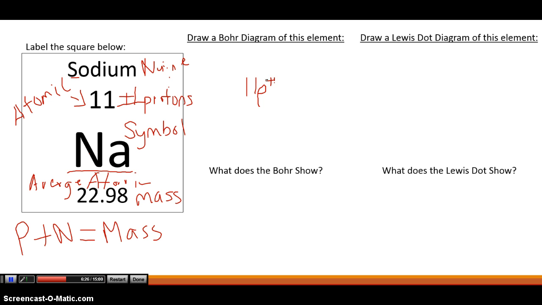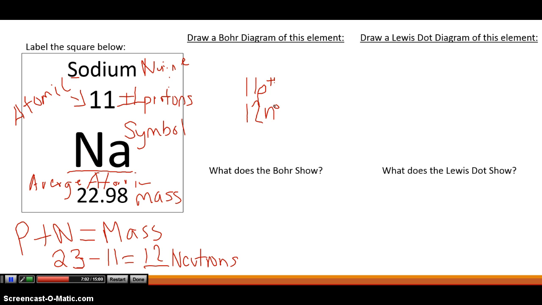But how many neutrons do we have? We know how many protons, and we also know that the mass, this average mass we're going to round, is the protons plus the neutrons. So 23 minus 11 will give us the number of neutrons, which is 12. Alright, so we've got 12 neutrons.